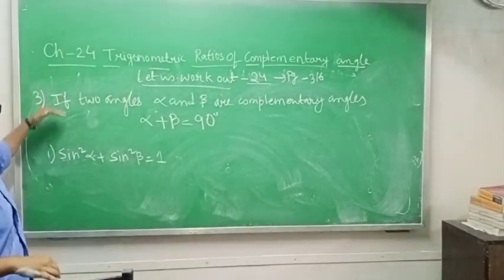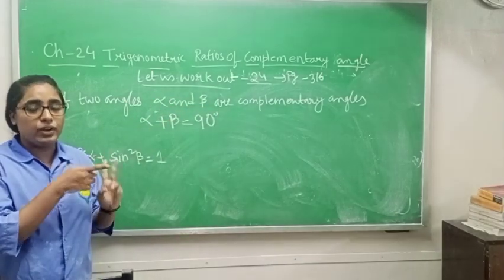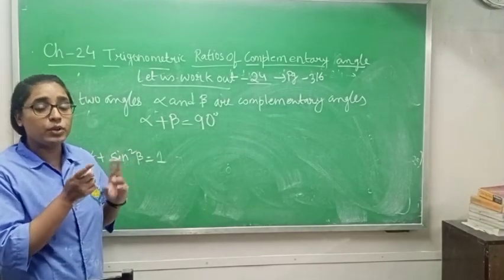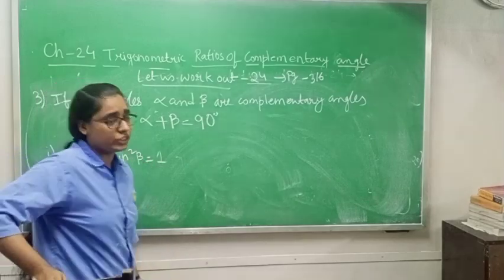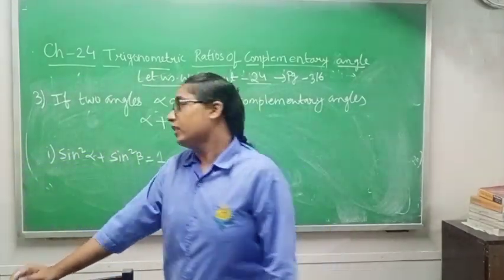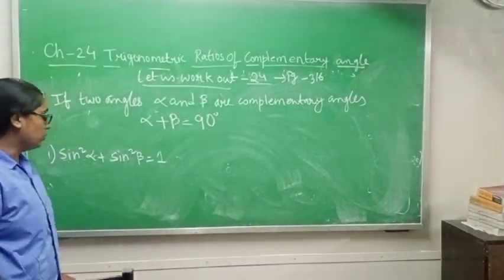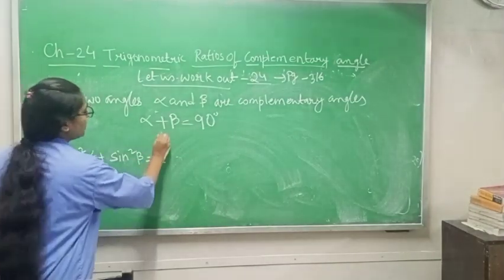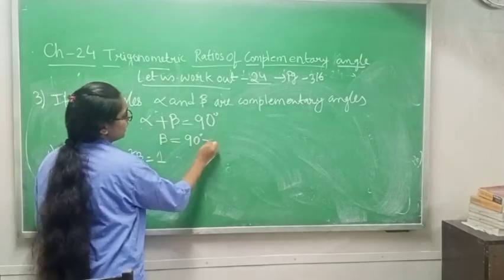Again I am repeating, according to the definition of complementary angles, the sum of the two angles will give you 90 degree. Means alpha plus beta equals 90 degree. Understood up to here? Now what you will do, I am keeping beta this side only, I am taking plus alpha this side, it will become minus alpha.